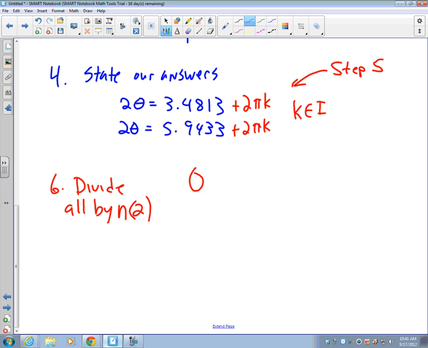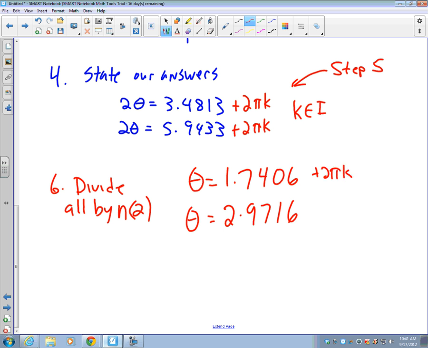So that means theta is going to equal 1.7406, and theta will equal 2.9716. Right? Dividing it by 2. And then we also divide this by 2 though as well. So now it becomes pi k. You could write it like this if you wanted, but it'd be simpler just to write like that, right? But either would be fine. The important thing is that you're dividing both things by 2.